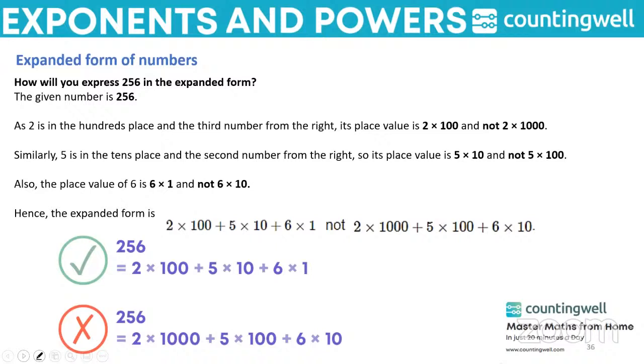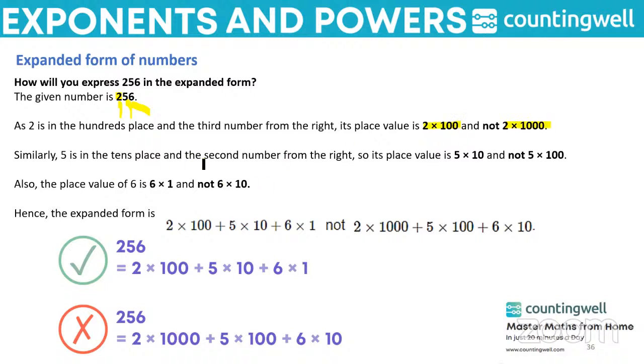Let us see how to take care while you are writing the expanded form of a number. You have to check the digits in the number. You have to check the place value of 2, place value of 5, place value of 6. So 2 is in the hundreds place, the third number from the right. So its place value is 2 into 100, that is 200, and not 2000.